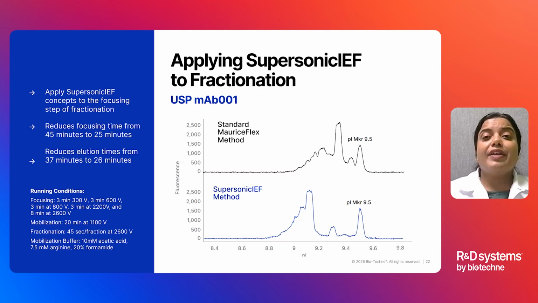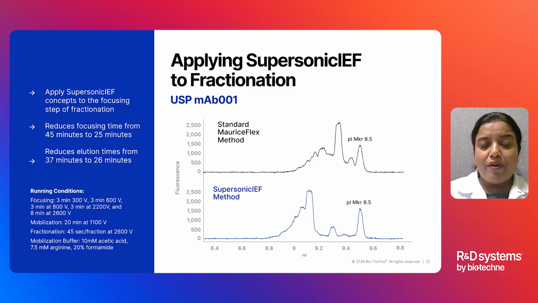Further, the supersonic icIEF principle can be applied to the fractionation workflow that significantly reduces the analysis time. Now, by incorporating the compressed pH gradient and optimized voltage ramping, focusing time is reduced from 45 minutes to 25 minutes, while the elution time decreases from 37 minutes to 26 minutes.